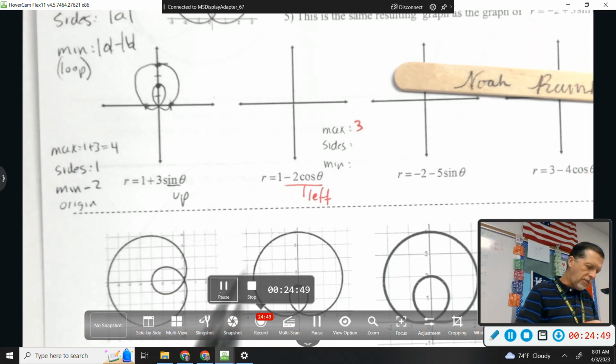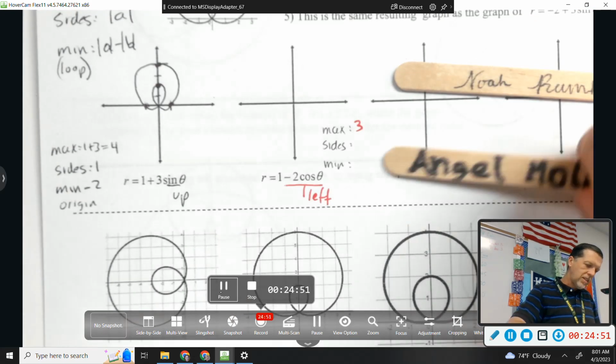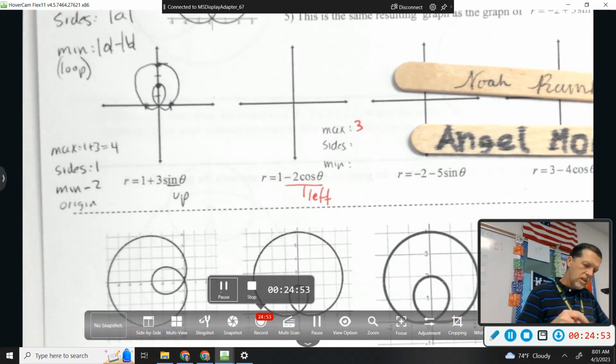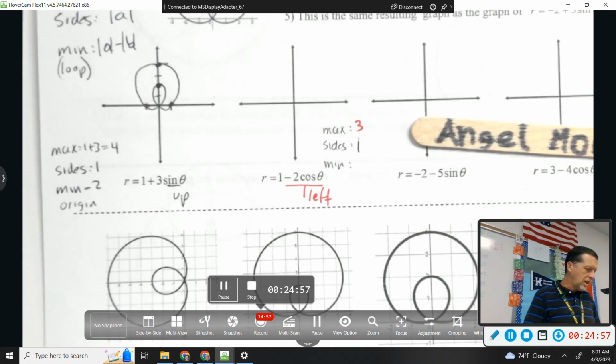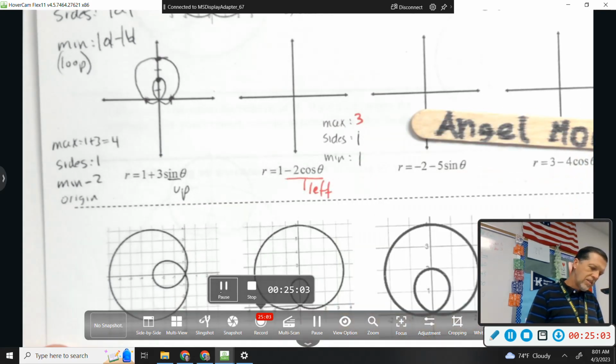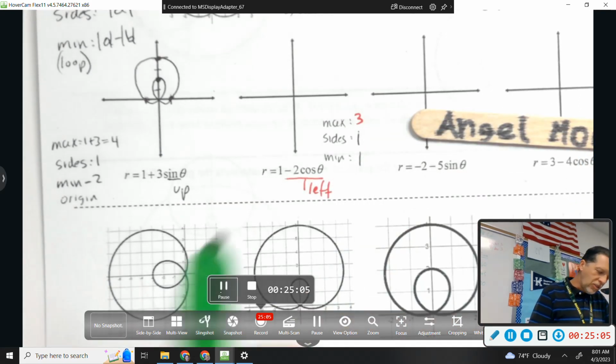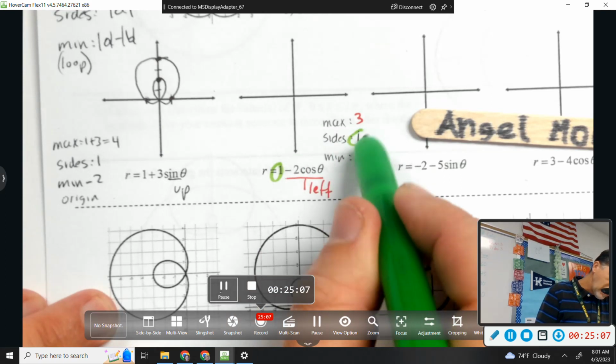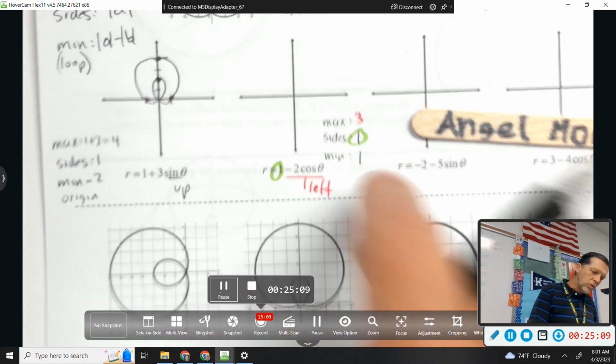Noah, how far out do we go? What are the sides? 1. And Angel, how about the min? Also 1. So the sides being just this one, the min being 2 minus 1.